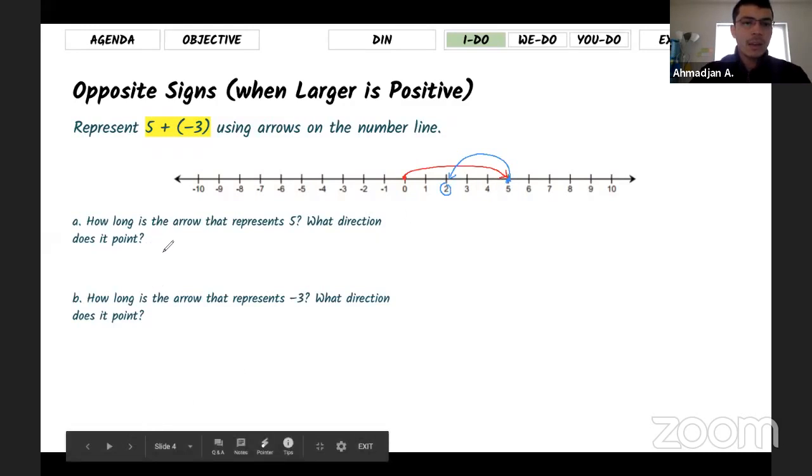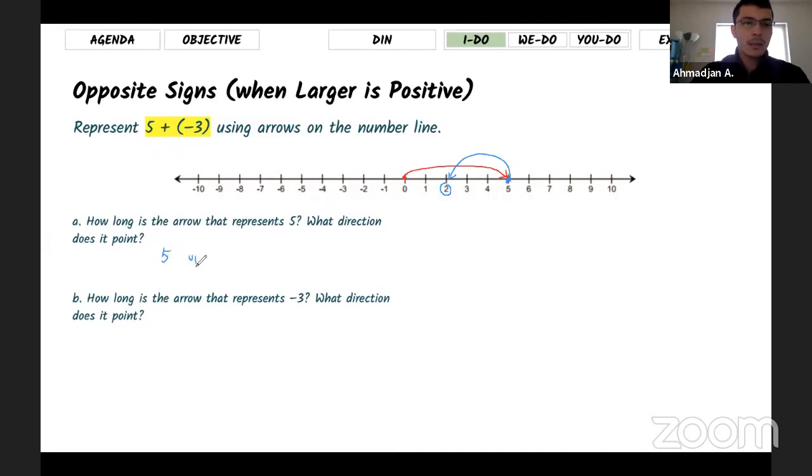Let's write it down. It's 5 units, and it's right because it's a positive number. The second one is 3 units, and it's left, because the number is negative, and the arrow is going to the left.